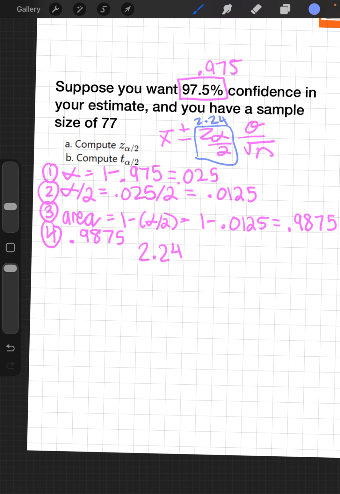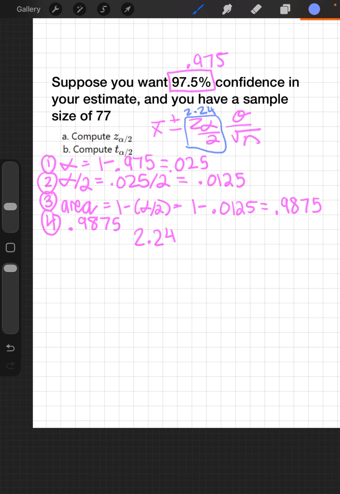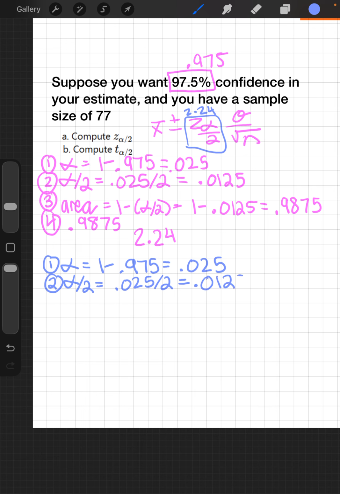And now we're going to do degrees of freedom, which is t. The first thing we're going to do is find alpha, 1 minus our confidence interval. That's going to be 0.025. The second is alpha divided by 2, 0.025 divided by 2, which is 0.0125.